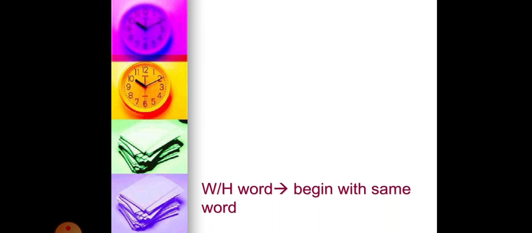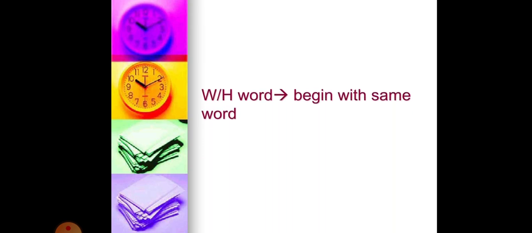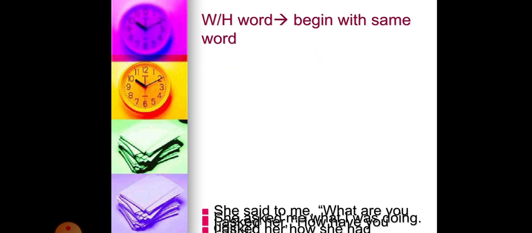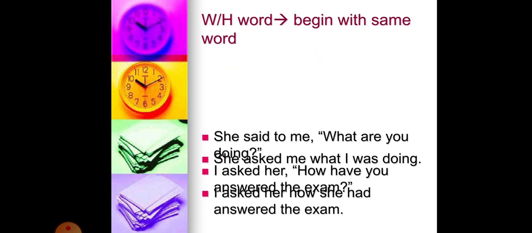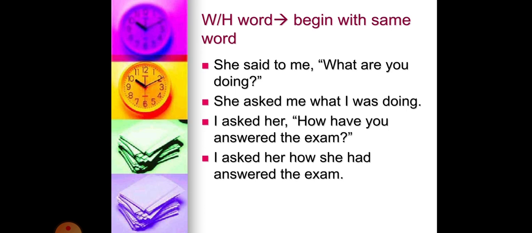Next is the usage of WH words. Now, what do you mean by WH word? WH words are those words which begin with W or H, like what, where, when, how, whose. Here you will be using the same word just after the reporting verb.